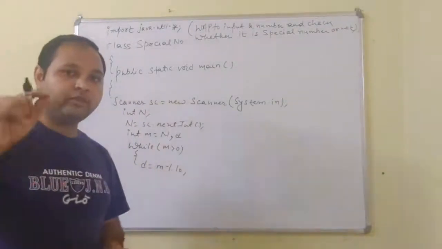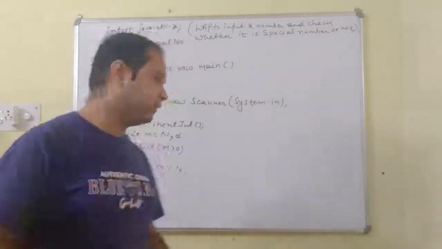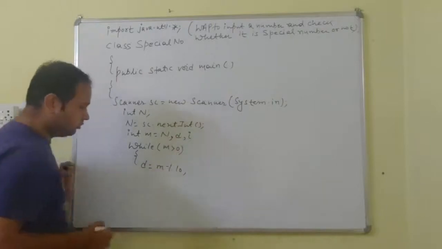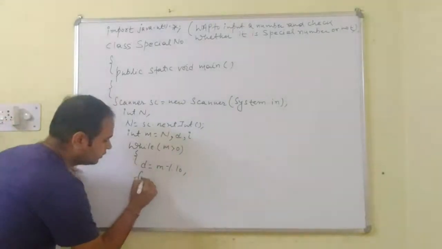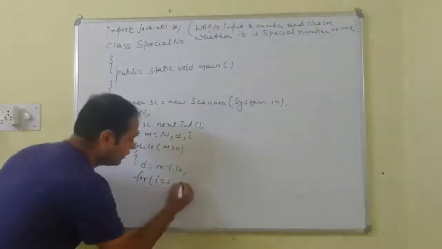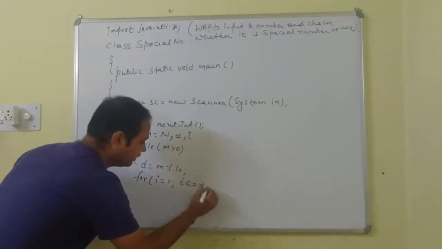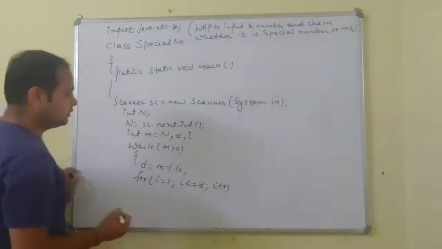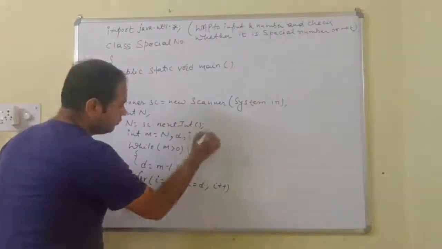Now we will find the factorial of that digit. So I take another variable i to run the loop: for i equals 1, i less than or equal to d, i plus plus. And I take a variable f to find the factorial.